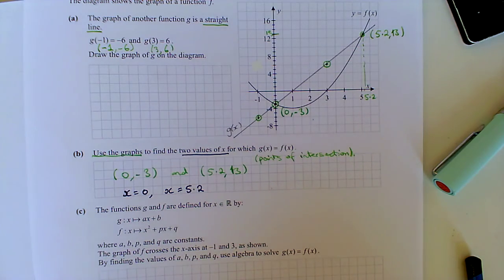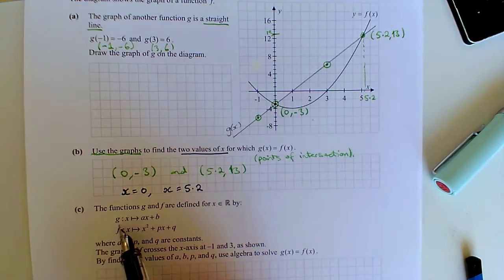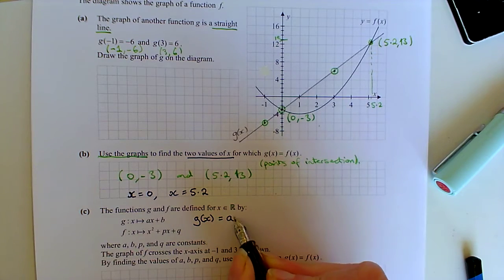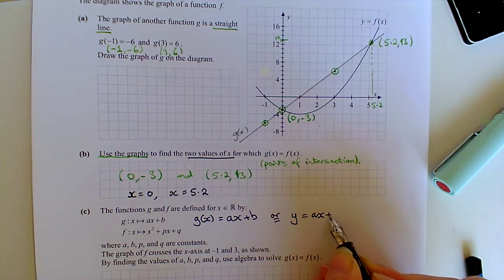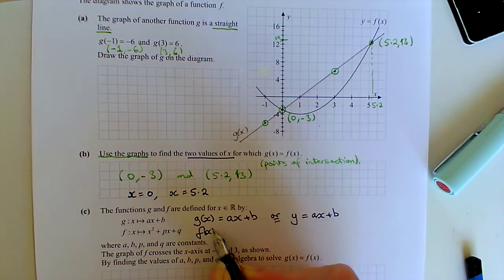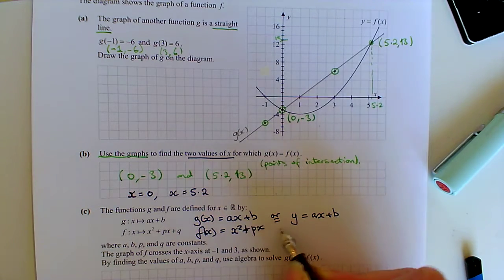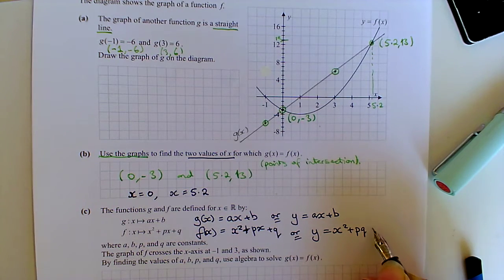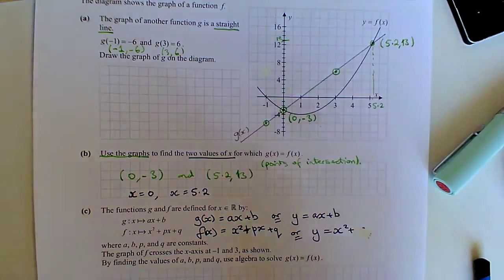Now, the functions g and f are defined by these 2 here. So again, they have this notation g such that x is mapped onto. Let's just say that's g of x equals ax plus b, or if you prefer, y equals ax plus b, and f of x is equal to x squared plus px plus q, or y equals x squared plus px plus q.